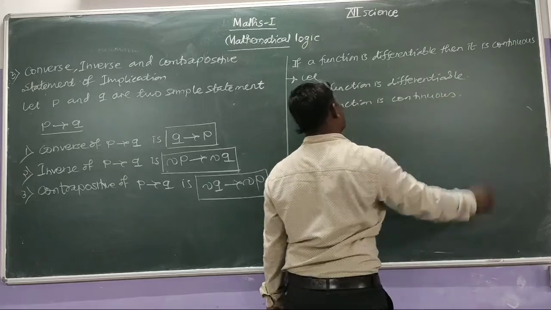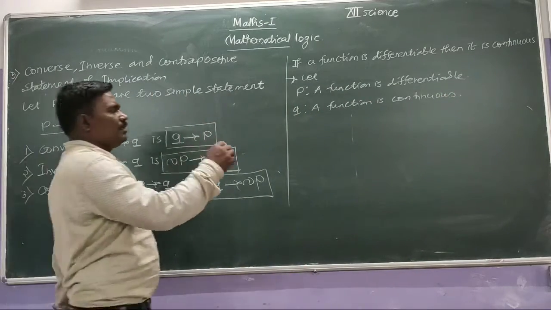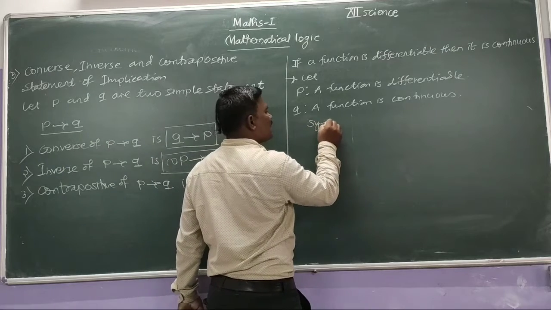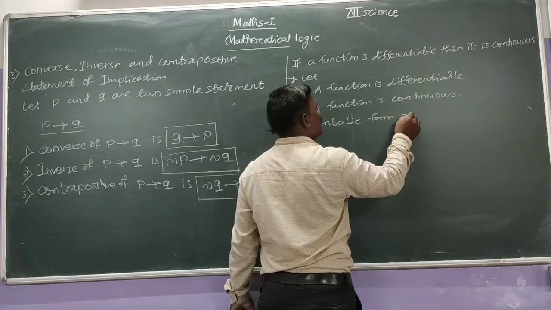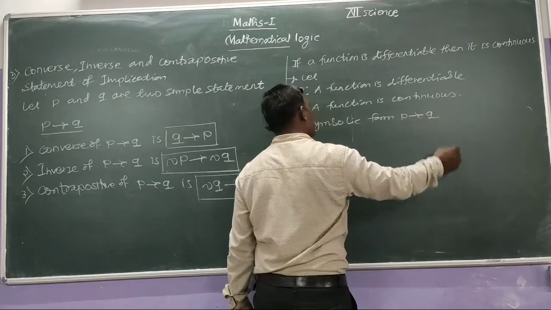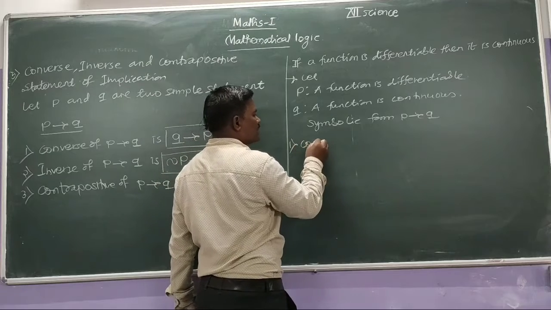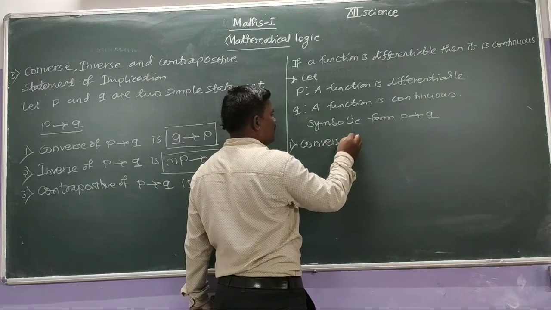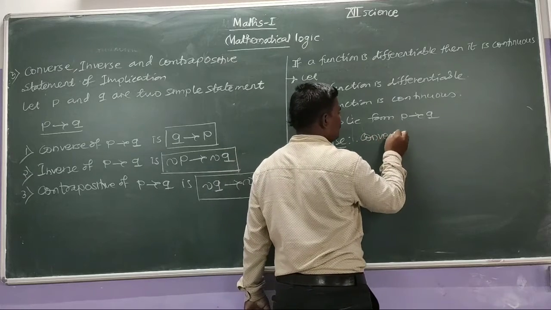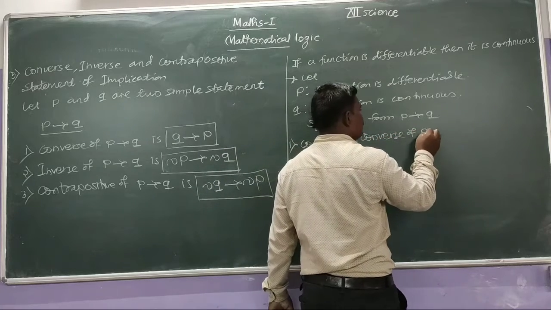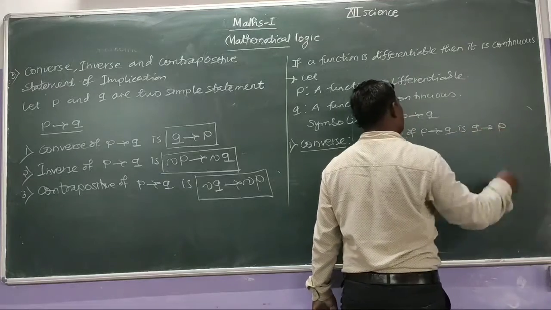Then पहिल्यांदा काय लिहायचं त्याला, कॉन्व्हर्स ऑफ. Then symbolic form is P implies Q. Okay. There right, first thing that is converse. First thing that is the converse of P implies Q is Q implies P, symbolic form मध्ये नाही लिहायचं, पूर्ण स्टेटमेंट लिहायचं.